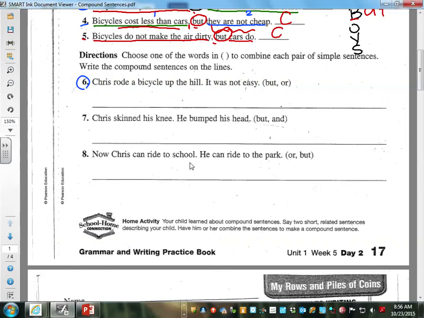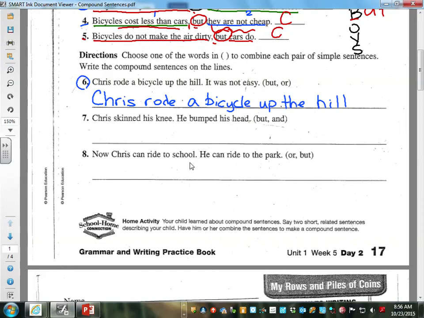We always start with our first thought. What is my first thought? Chris rode a bicycle up the hill. Now, I'm going to form a compound sentence, so I'm not going to end my sentence here.